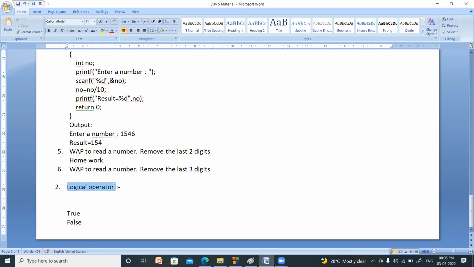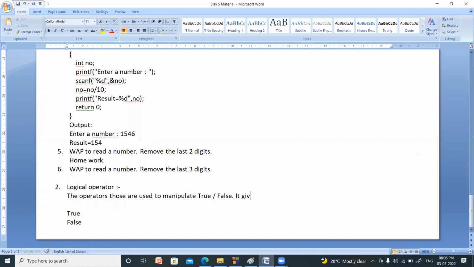Those are called logical operators. Now what is a logical operator? The operators that are used to manipulate true or false. After manipulating true or false, we will get the answer as true or false.